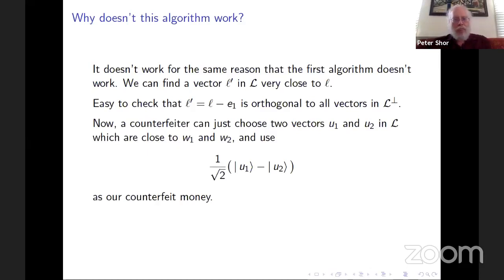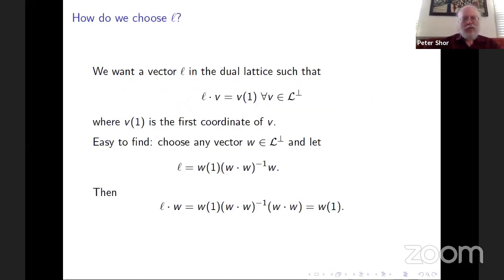I should have put this equation down. We have L dot V equals V of 1. And now L minus E1 dot V is L dot V minus E1 dot V, and E1 dot V is V of 1.